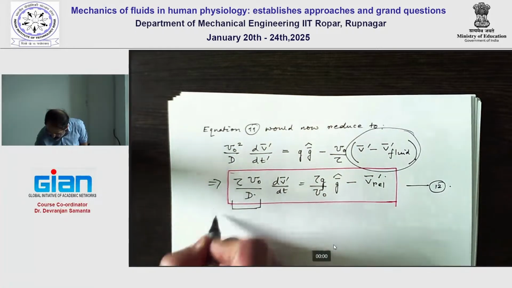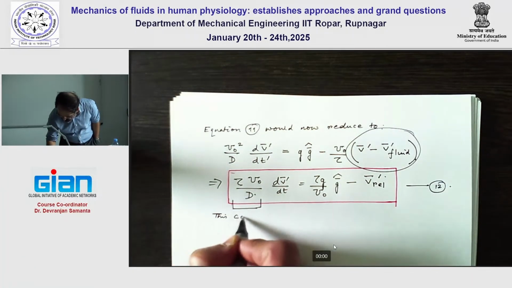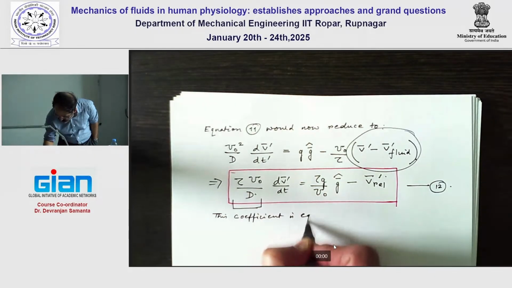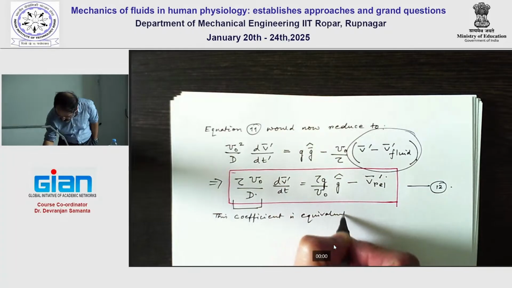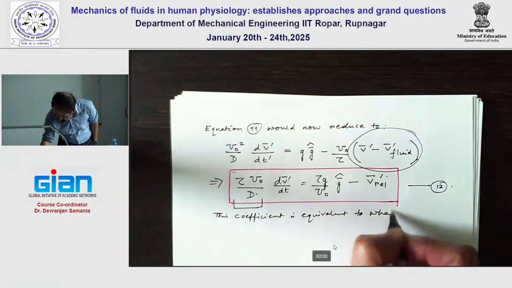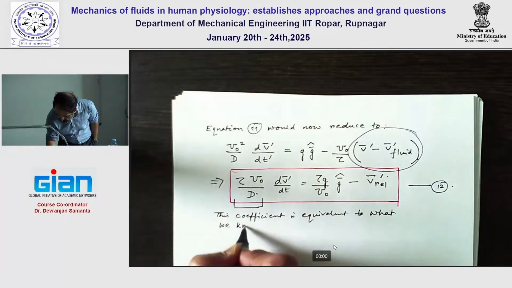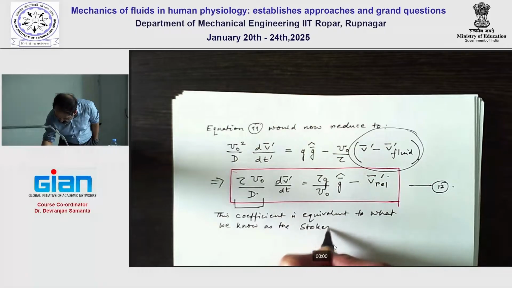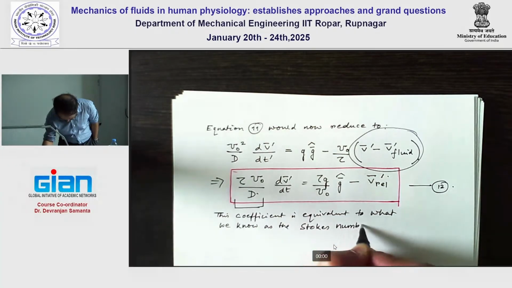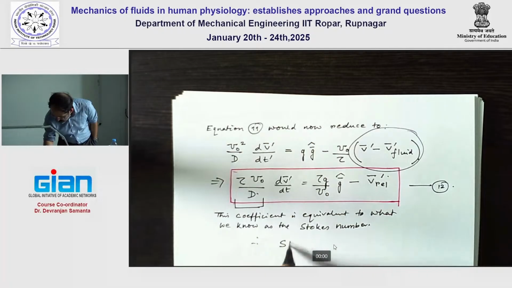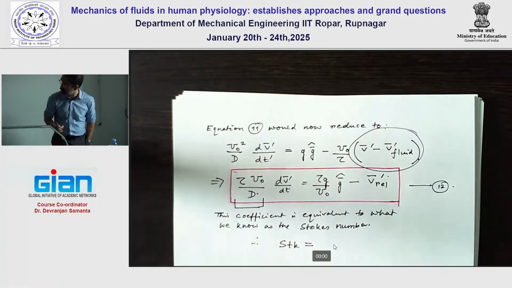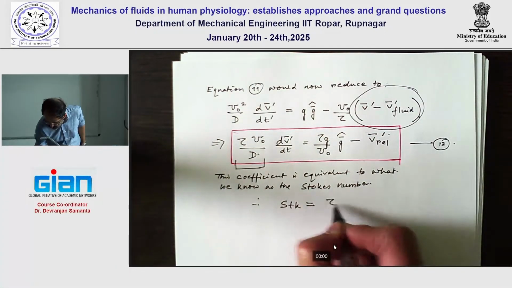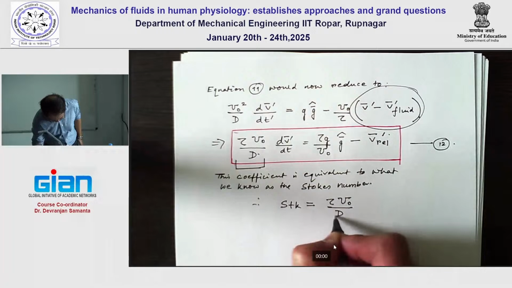So this coefficient is equivalent to what we know as the Stokes number. So I'm going to write Stokes number as STK to distinguish it from the other symbol. So STK is tau U naught over D.